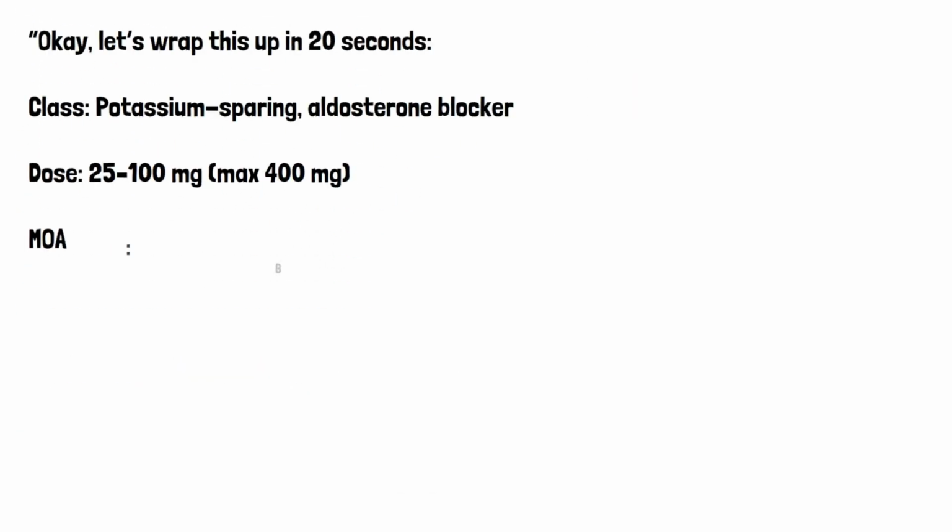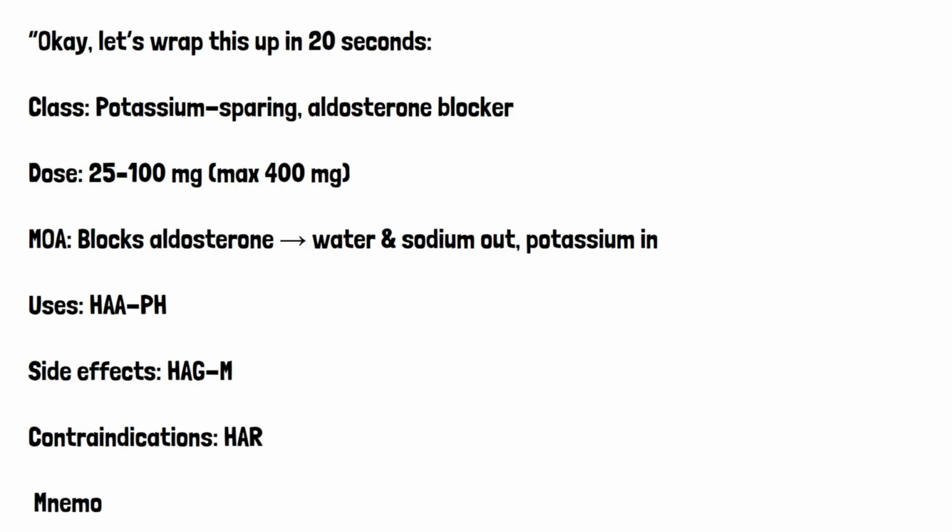Let's quickly recap everything. Dose is 25 to 100 milligrams, max 400 milligrams per day. MOA: blocks aldosterone, so sodium and water out, potassium in. Uses: HAA-PH, heart failure, acne and PCOS, ascites, primary aldosteronism, hypertension.